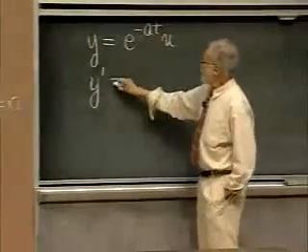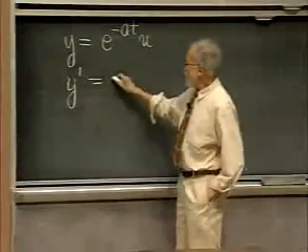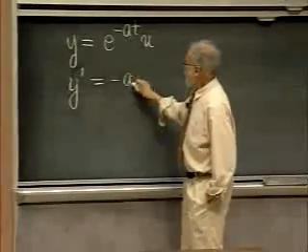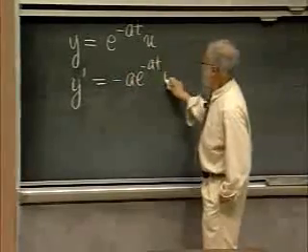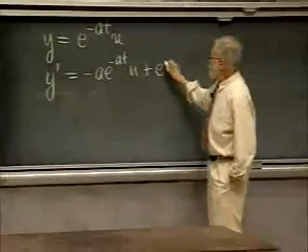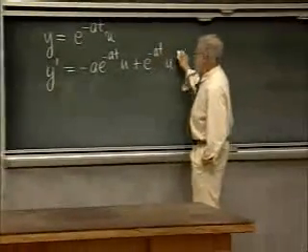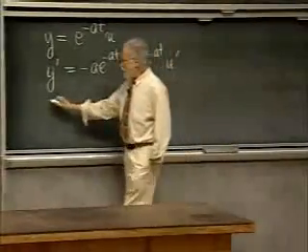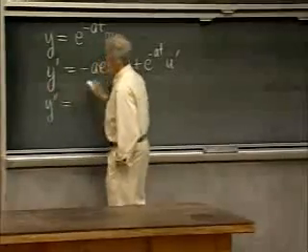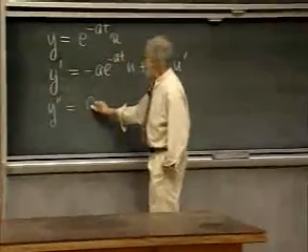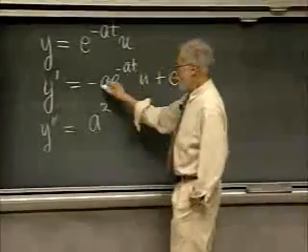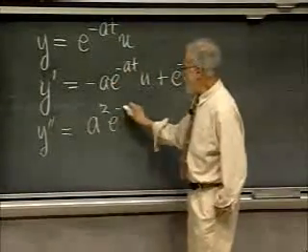Y prime equals, differentiate, minus a e to the minus at u plus e to the minus at u prime. And then differentiate again. The answer will be a squared, you differentiate this, a squared e to the negative at u.